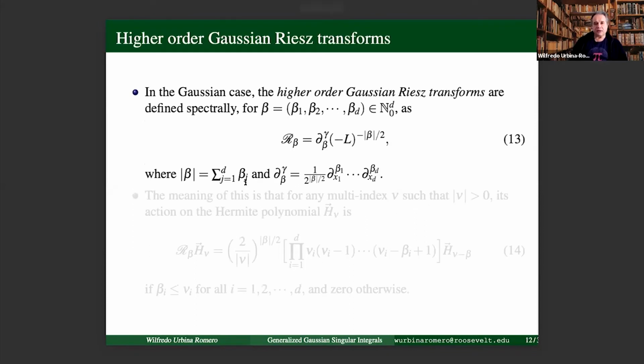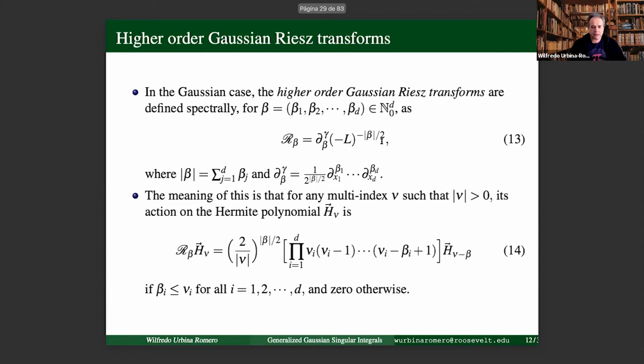Higher order Gaussian Riesz transforms, well, in the Gaussian case, it's kind of simpler than in the classical case. You just change the order of differentiation and you have to go higher in the order of the Riesz potentials, right? And then since the Hermite polynomials are eigenfunctions, you get this explicit expression for the higher order Riesz transform.